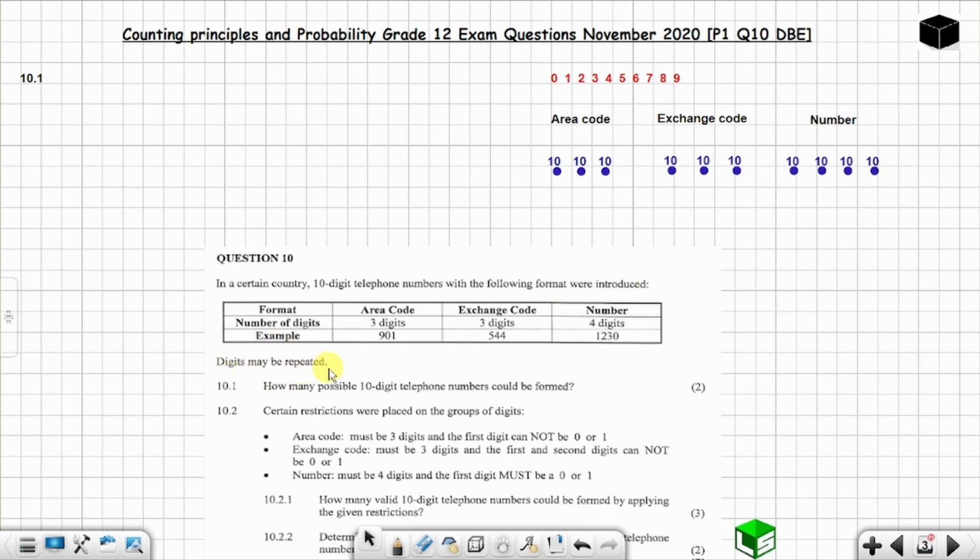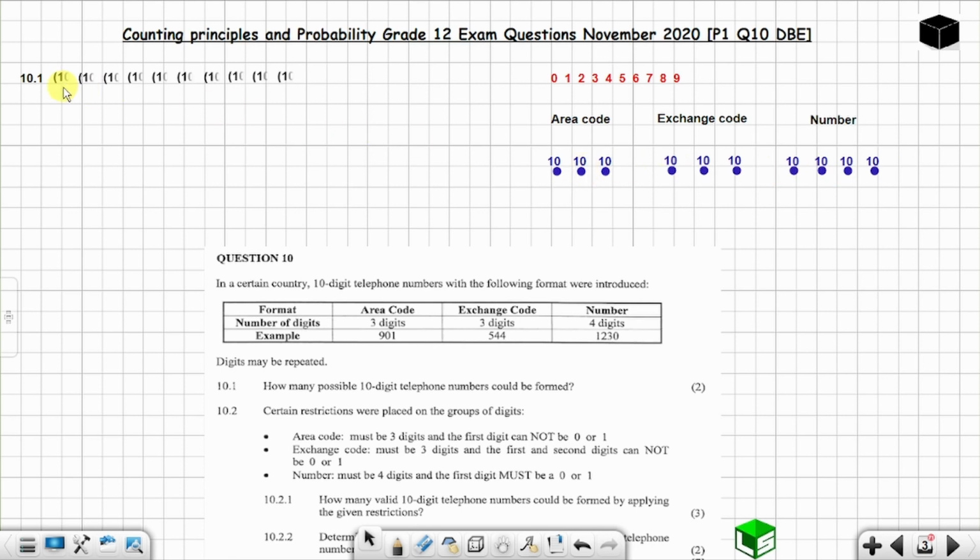Now to find out how many possible 10-digit telephone numbers could be formed, you are going to multiply these numbers. You have 10 times 10 times 10 times 10 times 10 times 10 times 10, 10 times.